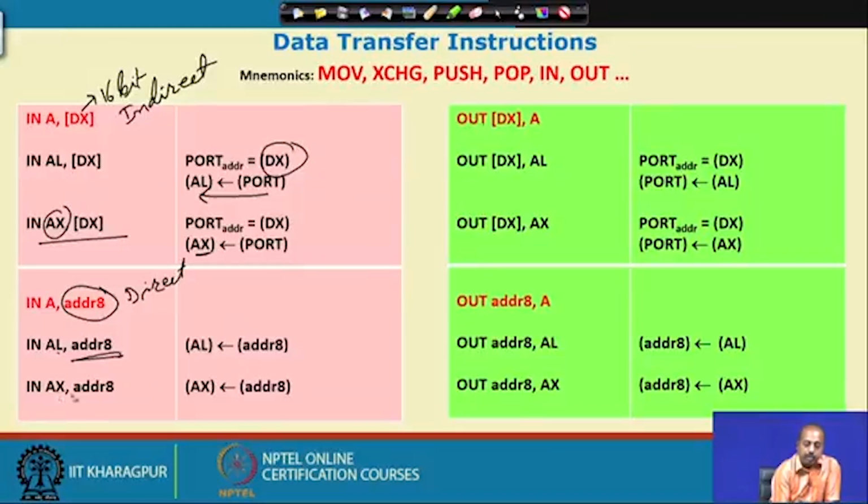And in AX comma address 8, the 8 bit port address is put, but the port is a 16 bit port, so it gives a 16 bit value onto the data bus, and that comes to the AX register. And just like in, we have the out instructions, out DX comma A type of instructions, or out address 8 comma A type of instructions. They are just counterparts of the in instructions.